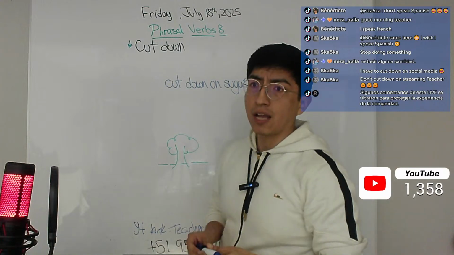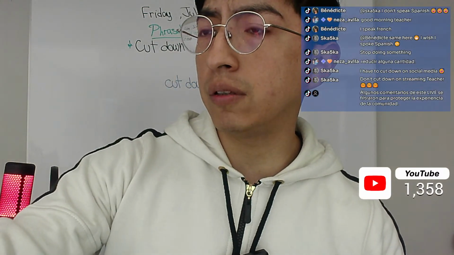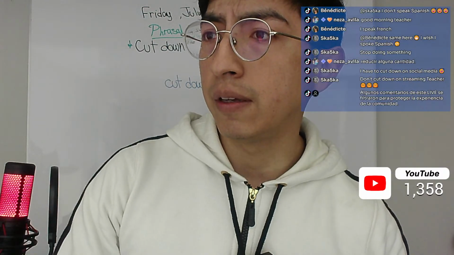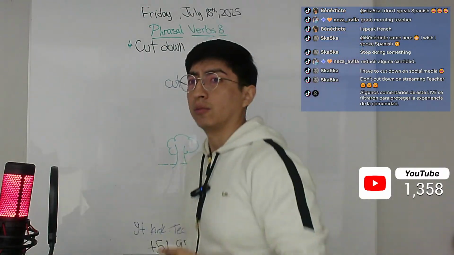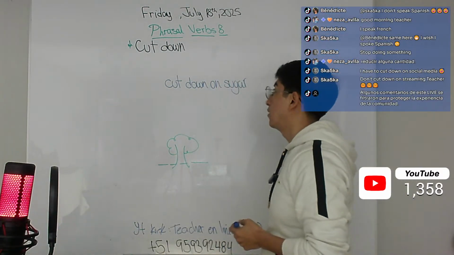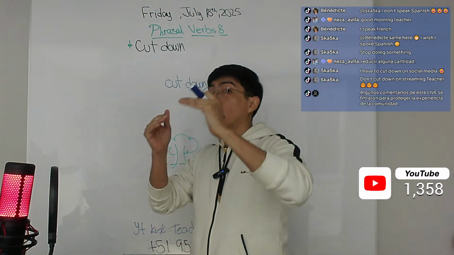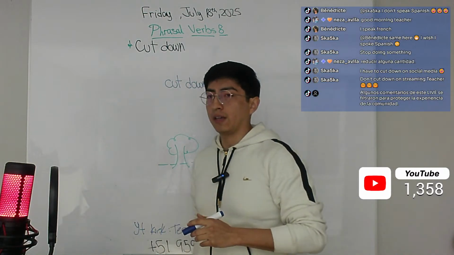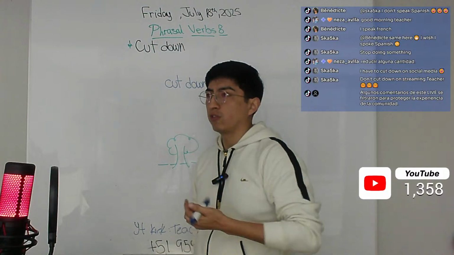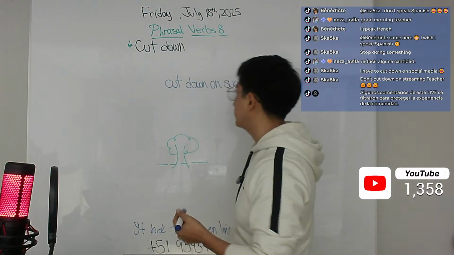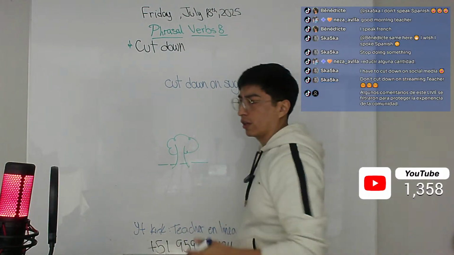Yes, you need to cut down on sugar, maybe. Okay, oh, you can see it clearly. Okay, that's much better, I suppose. And one more thing. Okay, so you need to reduce the sugar you consume. Okay, cut down on sugar.